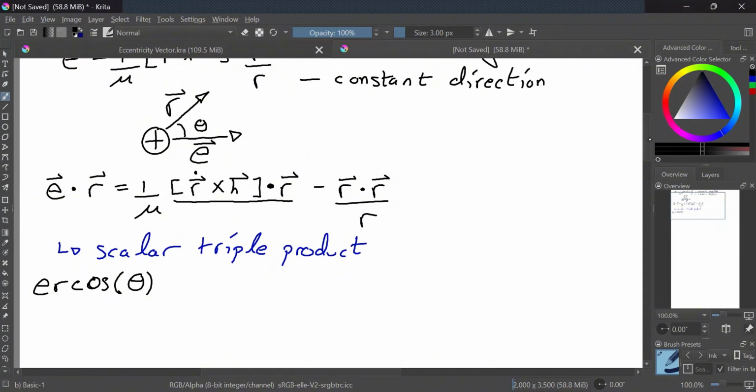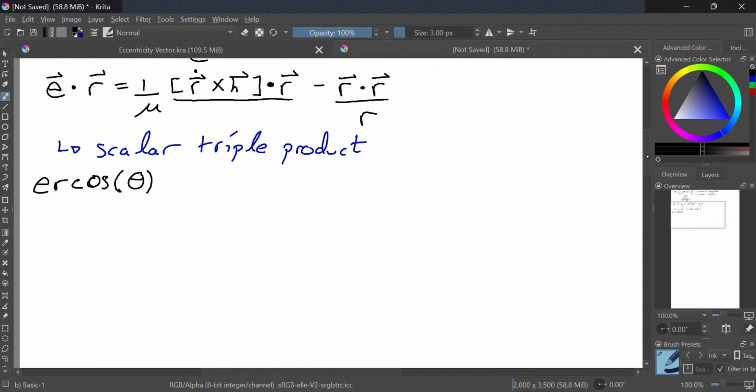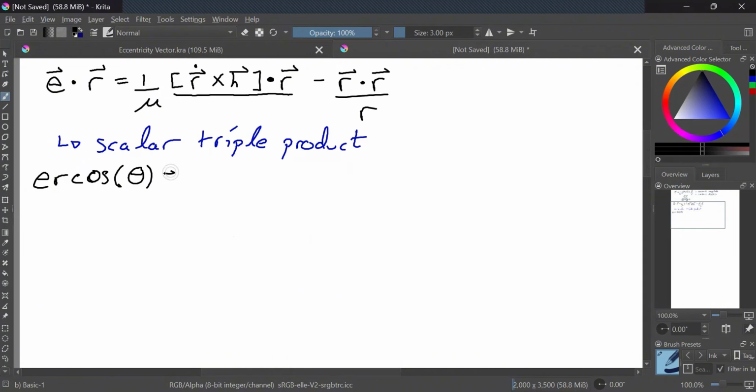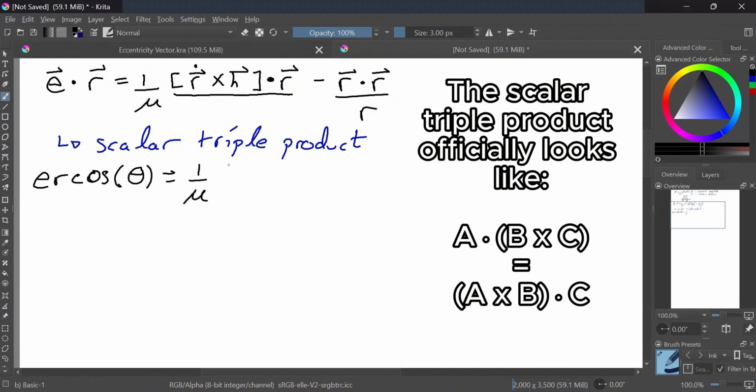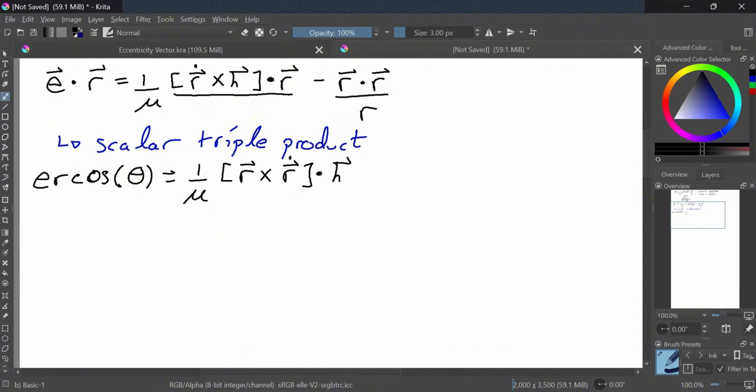And that's what that looks like. Mu. And rearranging this, we have r cross r dot dotted with h minus r squared over r.